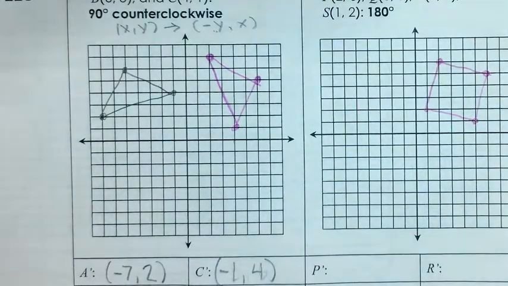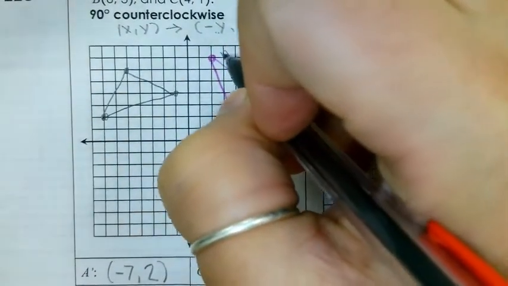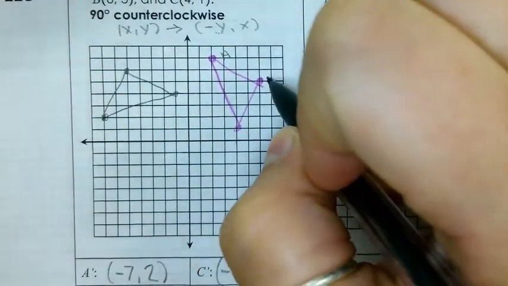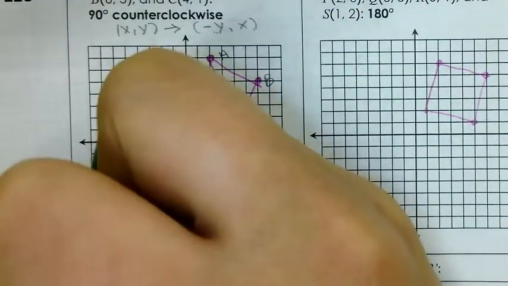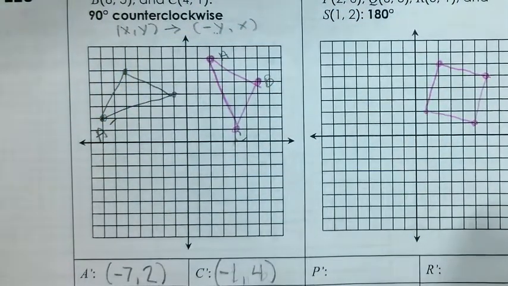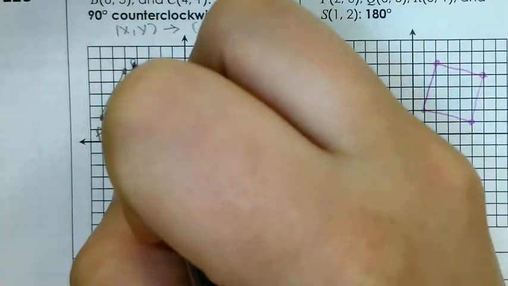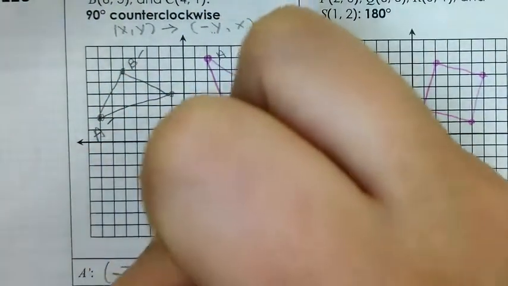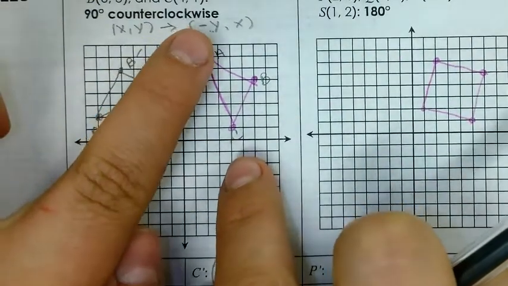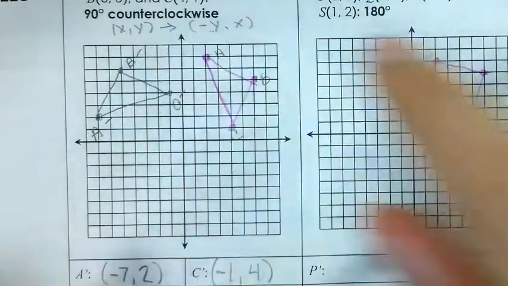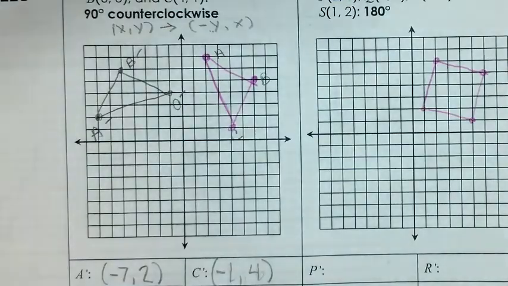And let's make sure we label them A, B, C. So now we have A prime, B prime, C prime. We took this figure and we rotated it 90 degrees.